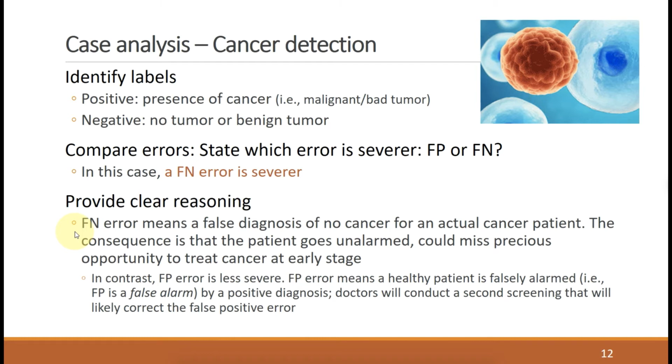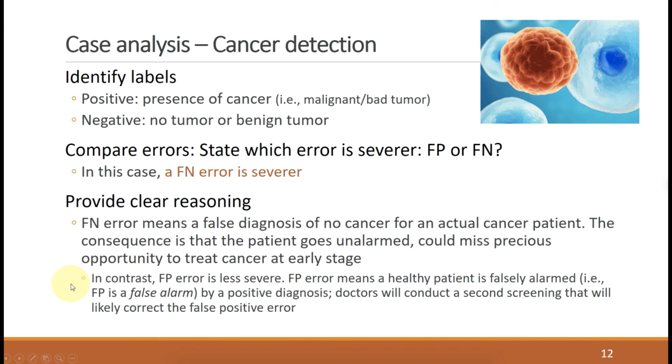The consequence is that this patient could miss a critical opportunity to treat the cancer, leading the cancer to late stages. By then, it will be challenging for the patient to fully recover from the cancer, and the mortality rate becomes higher. That's why the false negative error is more severe in the case of cancer detection.